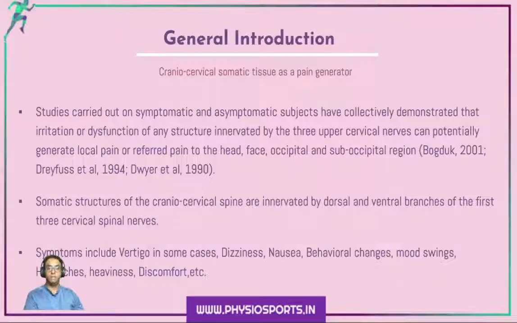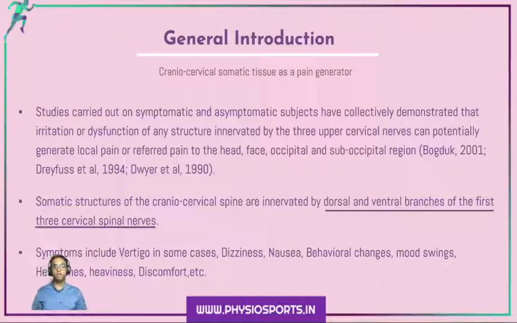Various studies reveal that irritation or dysfunction of any structures innervated by the 3 upper cervical nerves can potentially generate local pain or referred pain into the head, face, occipital, and suboccipital region. Somatic structures of the craniocervical spine are innervated by dorsal and ventral branches of the first 3 cervical spinal nerves.